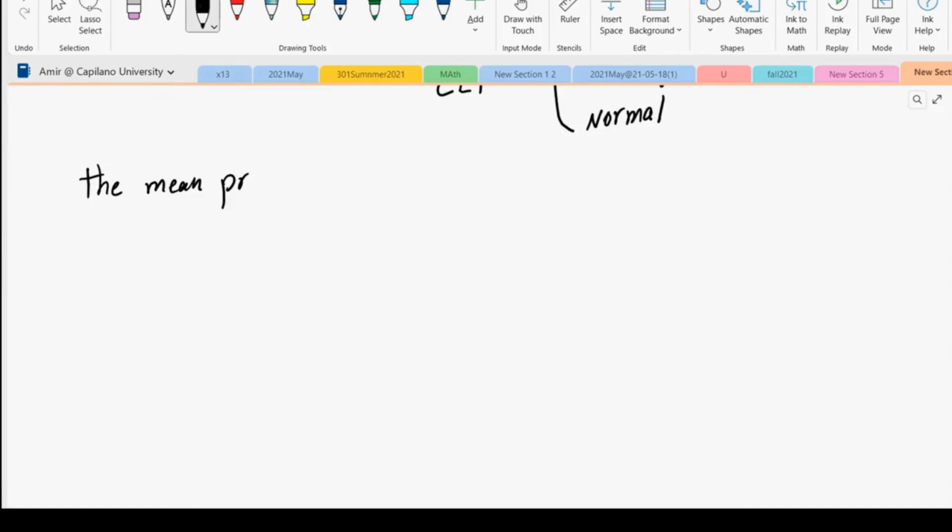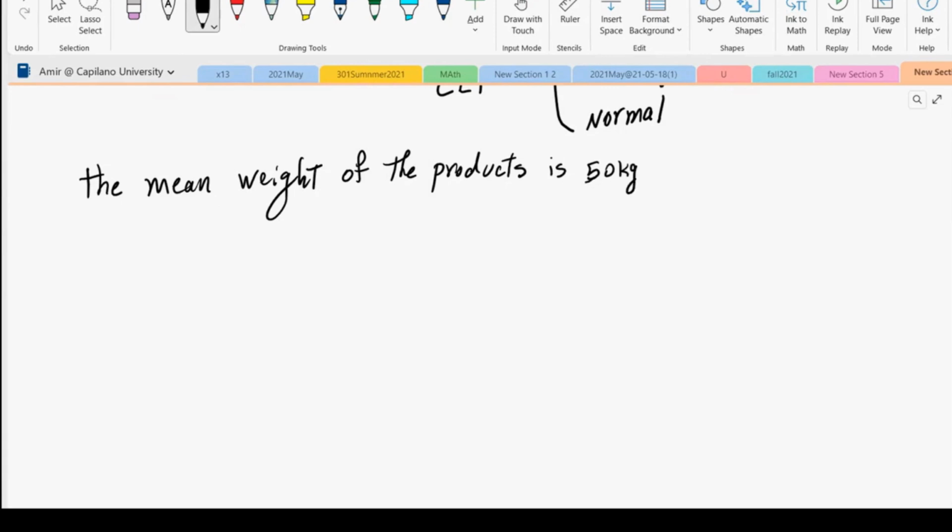The mean weight of the product is 50 kilogram.